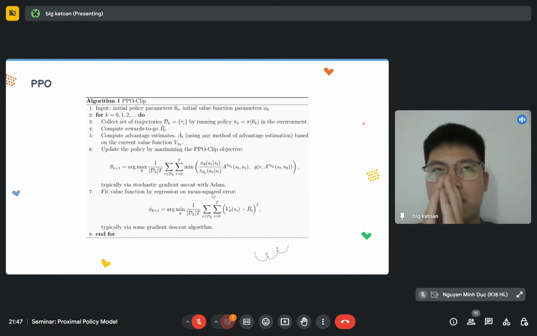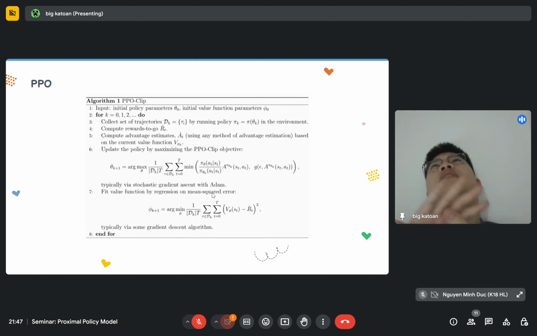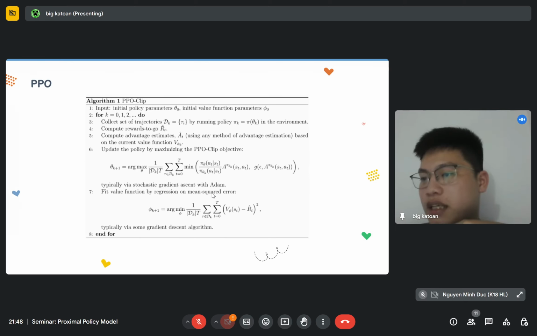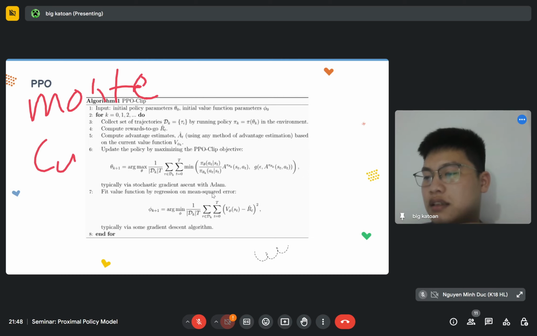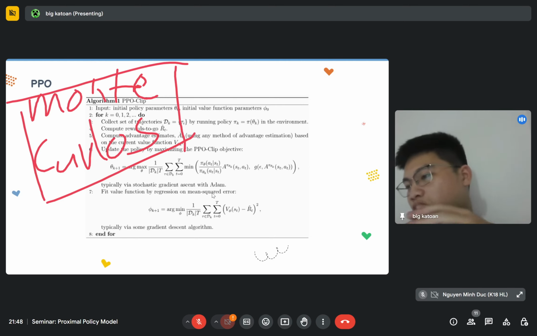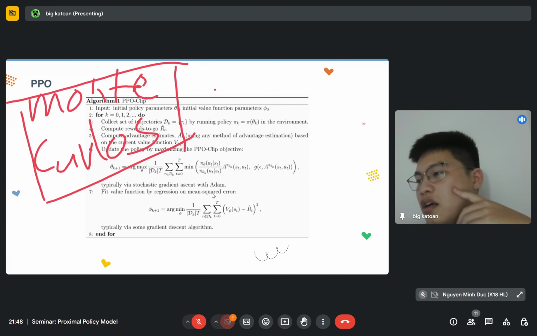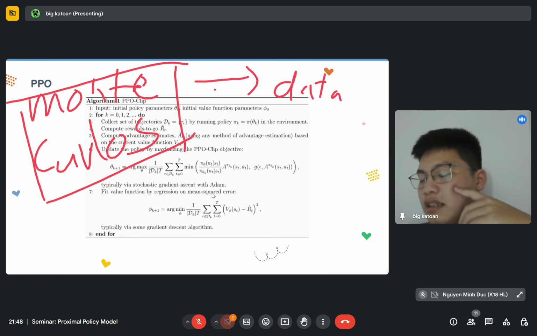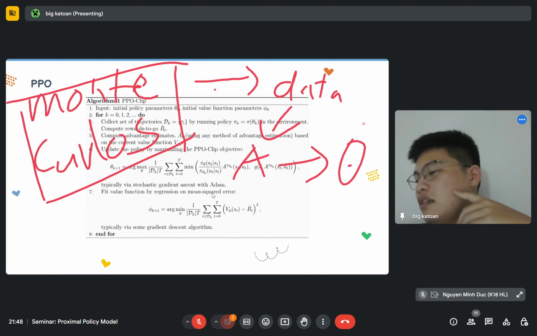So when we work with offline methods, we focus more on some way to solve the problem, like Monte Carlo. With Monte Carlo, we collect a bunch of data, then we compute the advantage, and then we update the policy model.